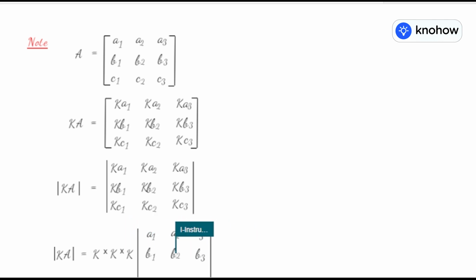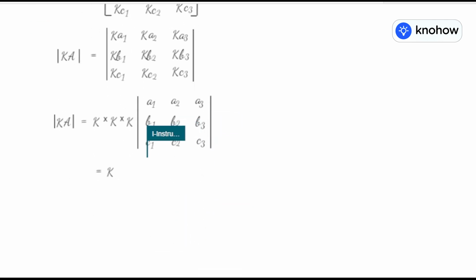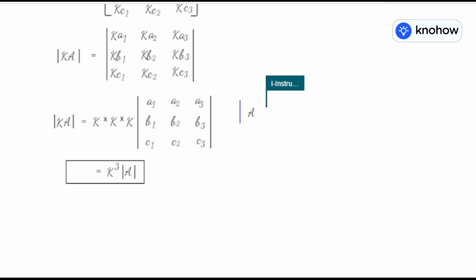So you get K cube times the determinant. So what is the result? That if given is a matrix A of order 3, Aij equal to 3 by 3, then the value of determinant KA will be K cube times determinant A. This is a very important result which you should notice.